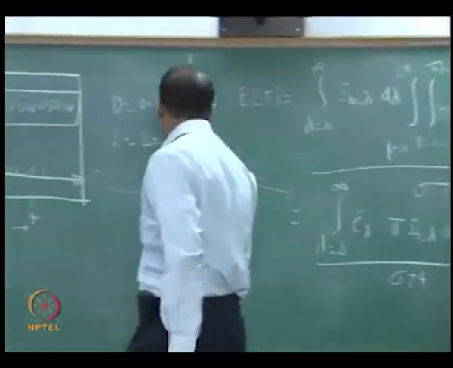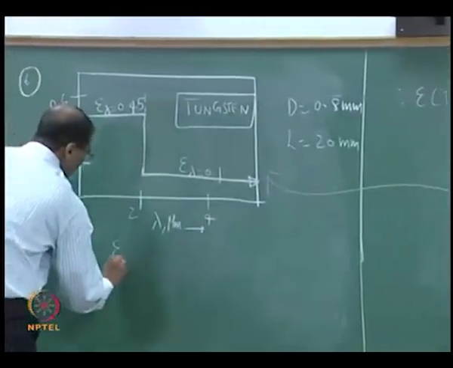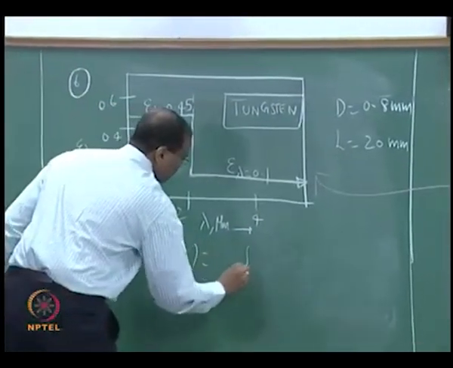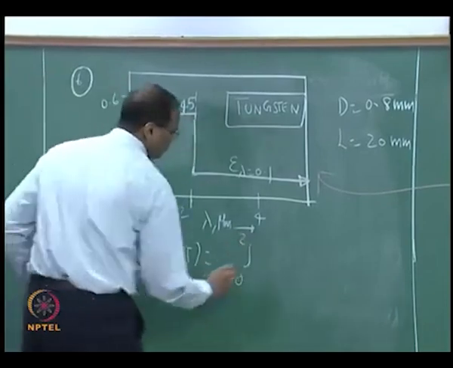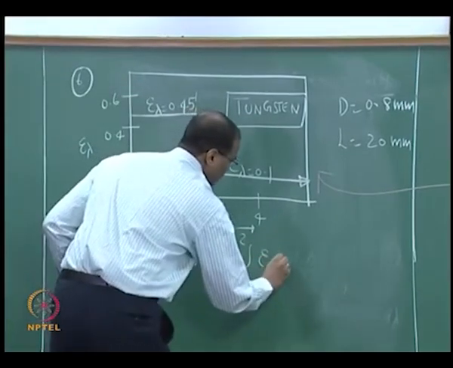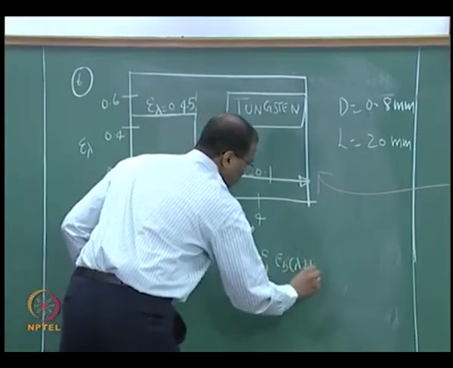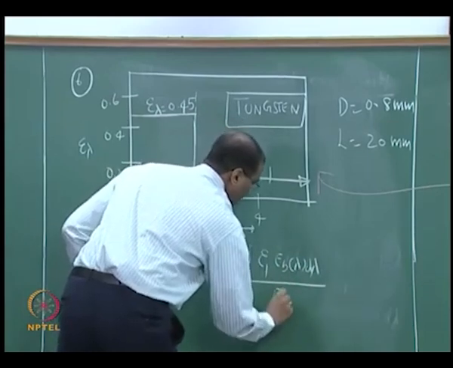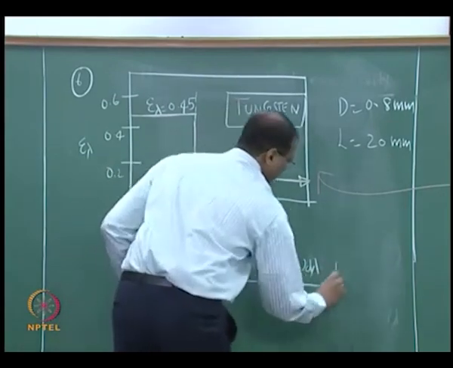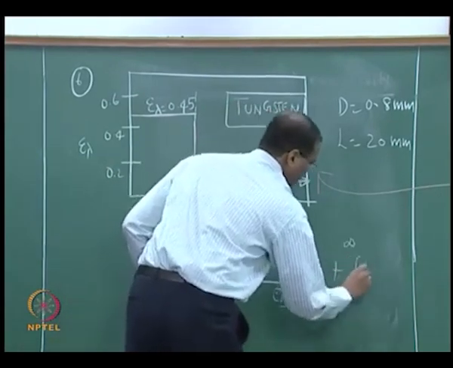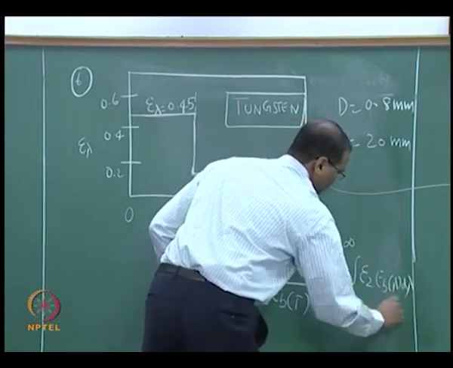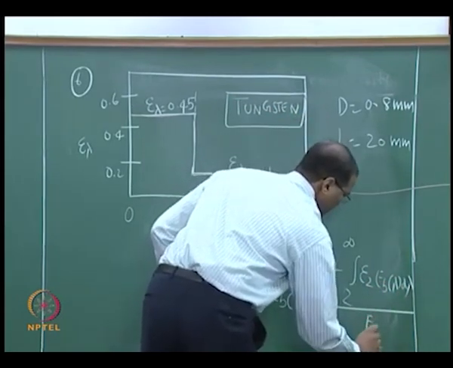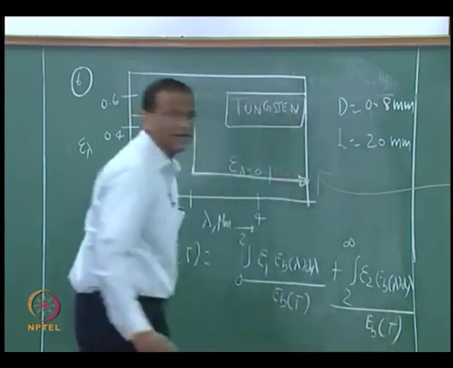Now what is the story? Now epsilon for the tungsten, can I say 0 to 2? Is that right?